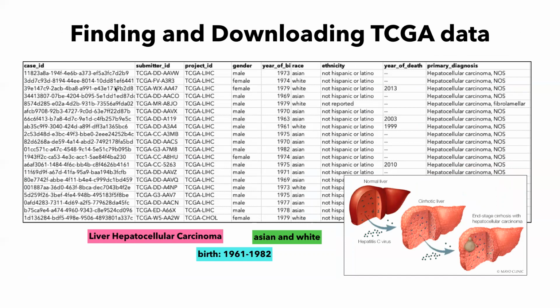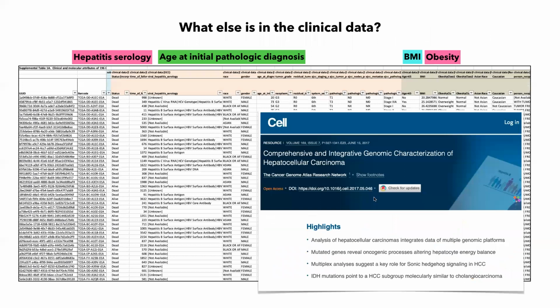For example, you can see the clinical phenotypes here that talk about ethnicity, gender, year of birth, race, year of death, etc. And for example, if you look in more detail from this paper, you can also see hepatitis serology, BMI, obesity, and other factors that they have decided to be important to study hepatocellular carcinoma.